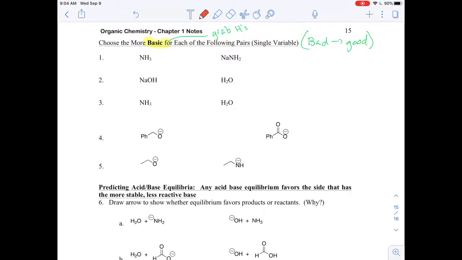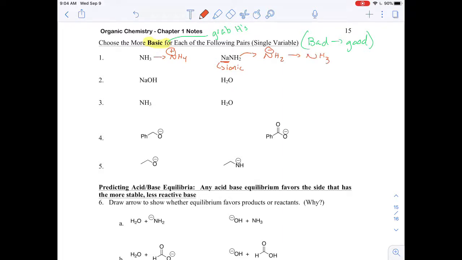Okay, so let's talk about what you're going to do. You're going to gain an H. So NH3 becomes NH4 plus, right? And this one, what is this? This is an ion. This is going to come off already as an ion, and now it gains an H. That's a tough one.